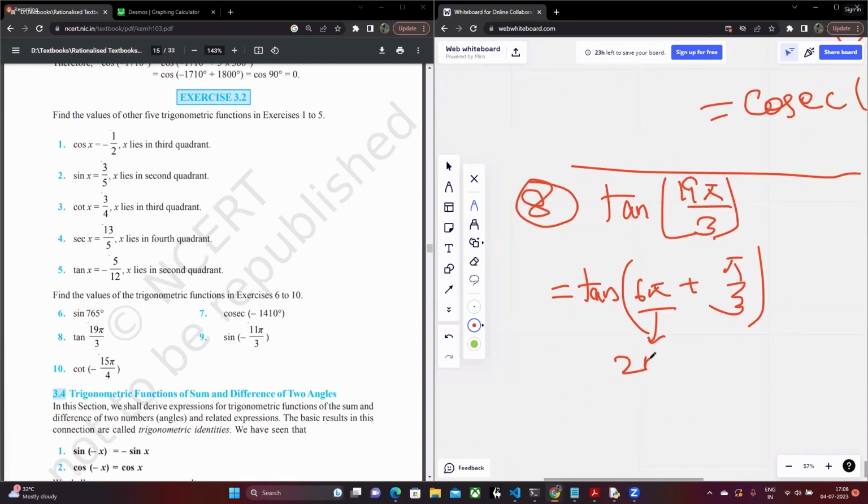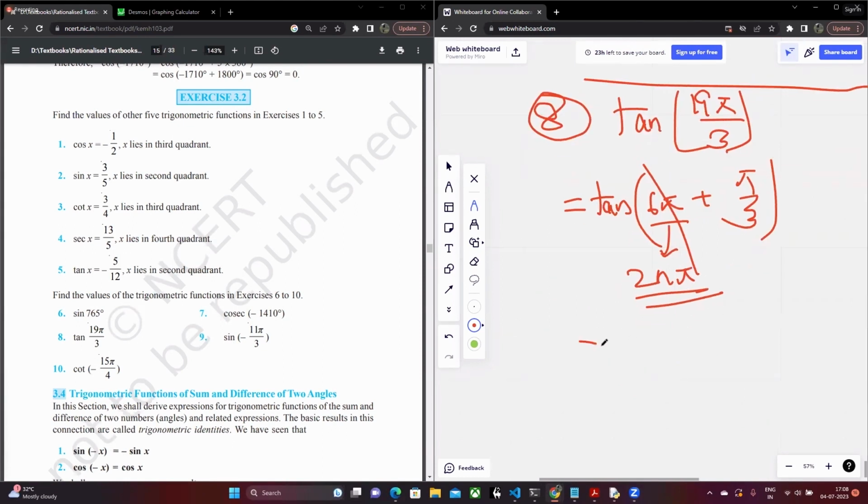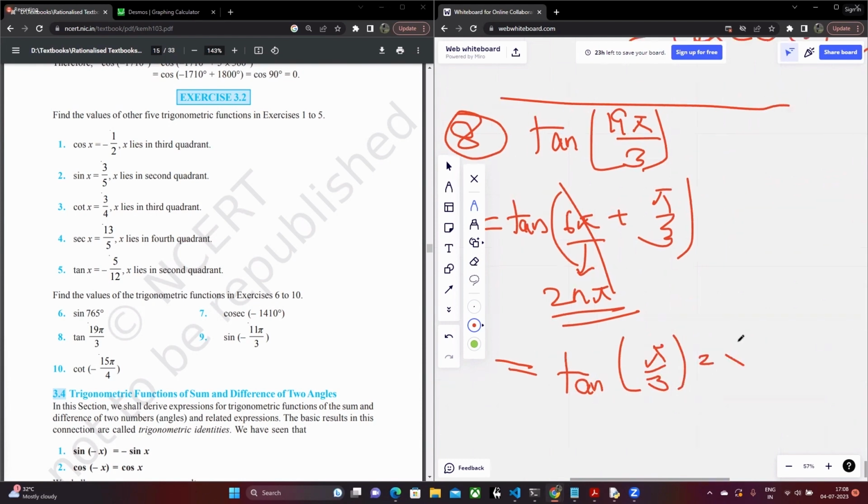This is 2n pi, right? Which is n complete revolutions. This is basically 3 complete revolutions. Right? And complete revolution makes no change. So I can basically ignore this. This is equal to tan of pi by 3. That is going to be root 3. Right? Because pi by 3 is 60.